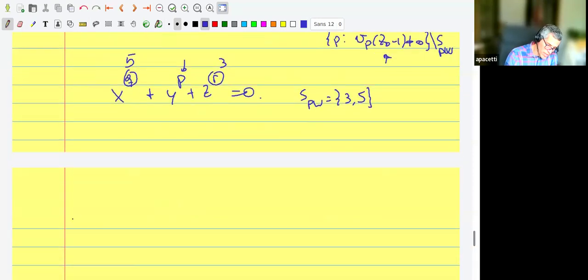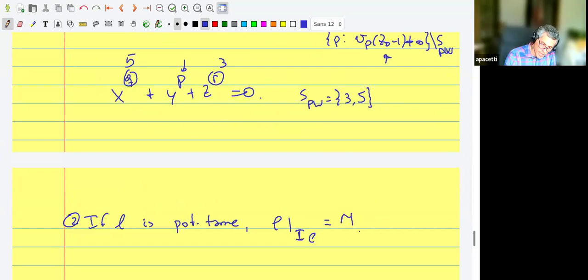And what is somehow miraculous is that if p is tame or potentially tame, well, I'm not going to call it p, let's call it l. And then you want to understand the image of inertia at l globally, then this is exactly the matrix M_i raised to the valuation at l of the specialization.